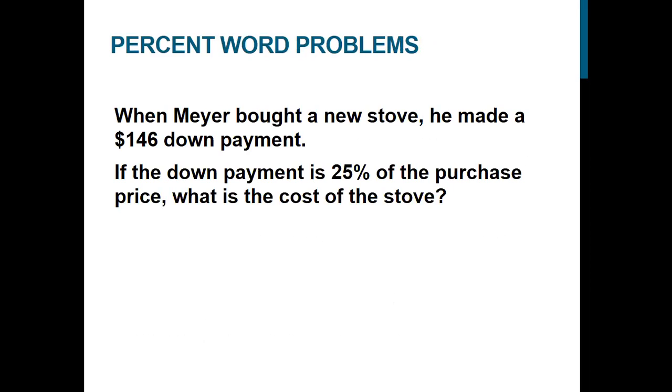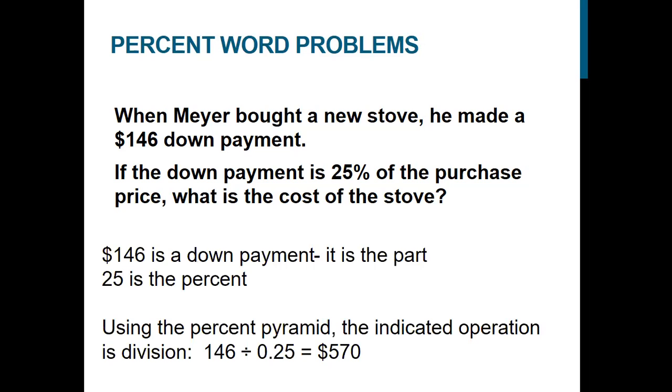All right, so here's my first question. When Meyer bought a new stove, he made a $146 down payment. If the down payment is 25% of the purchase price, what is the cost of the stove? So $146 is a down payment, so it's the part, and 25 is the percent.